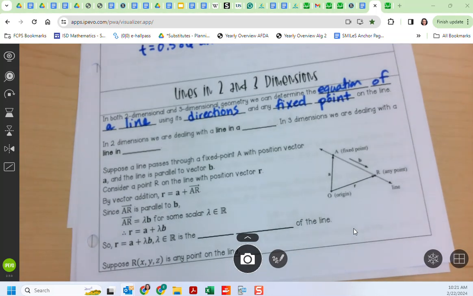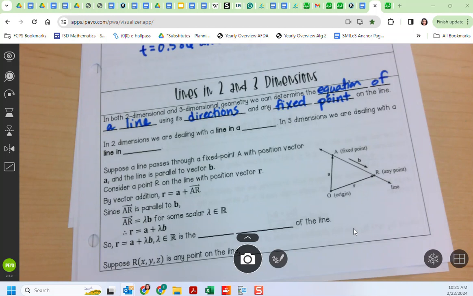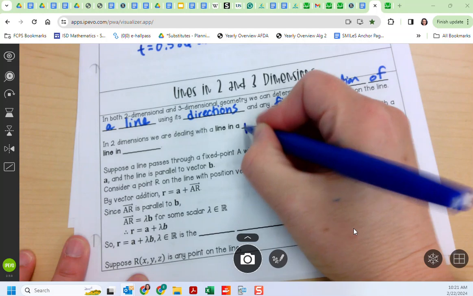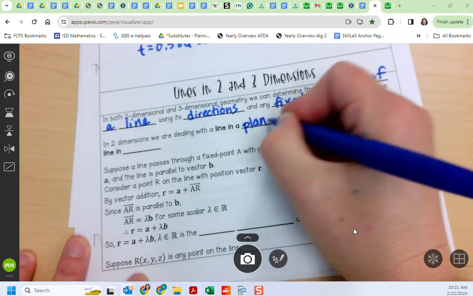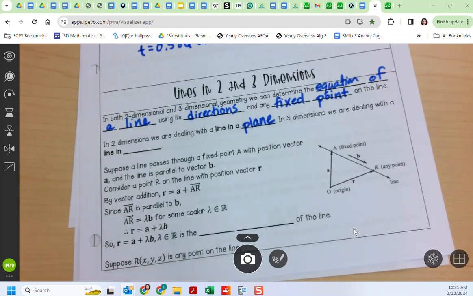You don't have to start there. You can start at any point on the line and then use that slope to graph your line. In 2 dimensions, we are dealing with a line in a plane. So in 2 dimensions, your line sits on a plane. And in 3 dimensions, we're dealing with a line in space.